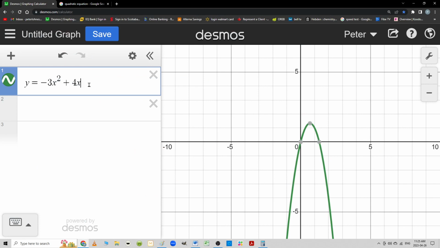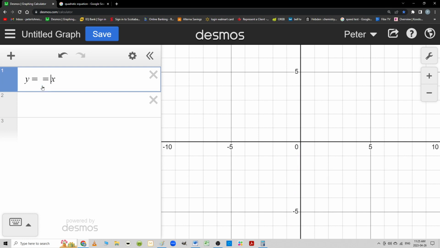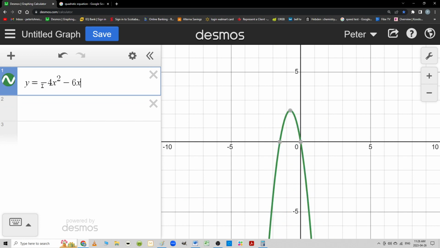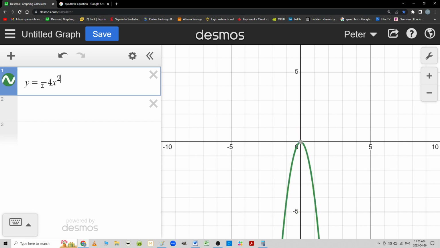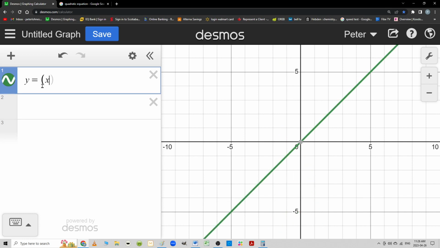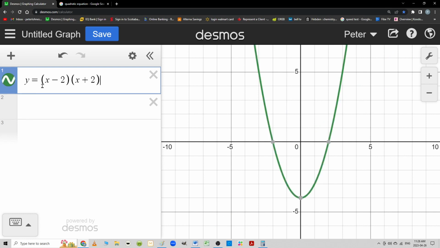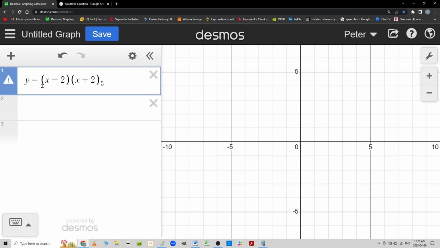Until we have one exactly on the, let's do a different one. Okay, we're going to do minus 4x squared minus 6x. No, right. Let's do this one instead. x minus 2, x plus 2, and then plus 5.